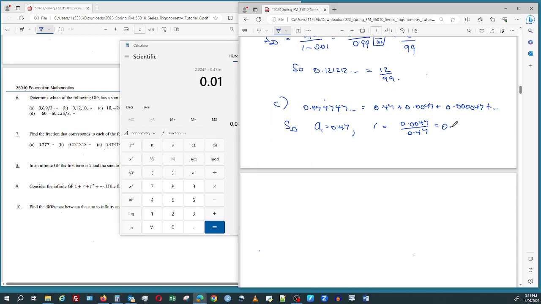So I won't write all the other stuff up, but the sum to infinity will be equal to 0.47 divided by 1 minus 0.01, 0.47 over 0.99.